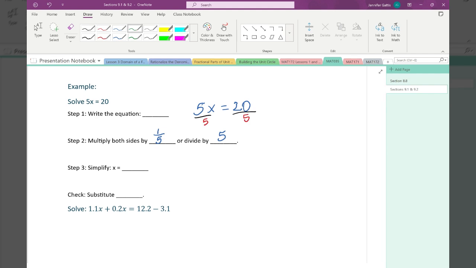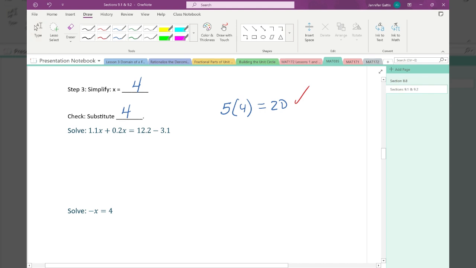And that's going to leave us with x is equal to 4. And in order to check this, we can substitute 4 for x. We get 5 times 4 is equal to 20. And that is a true statement. Okay, let's look at our next example.